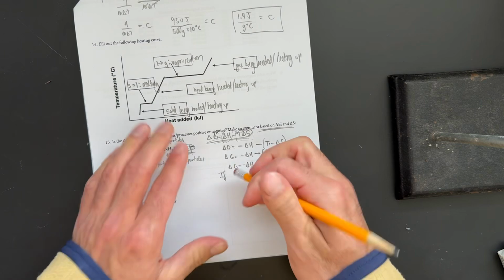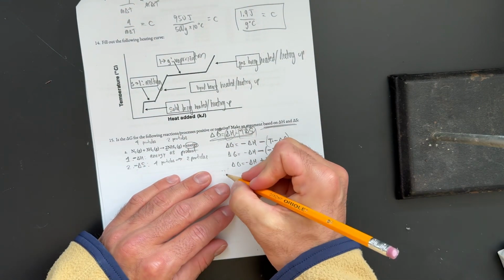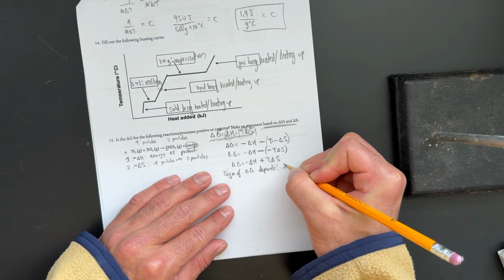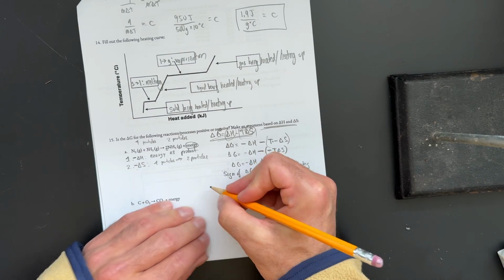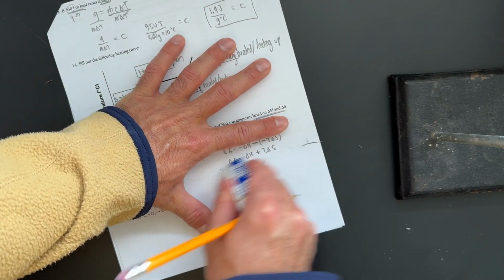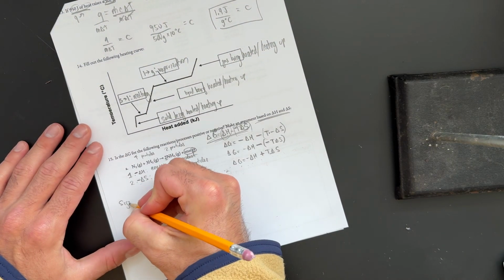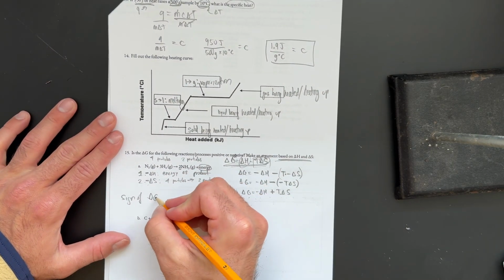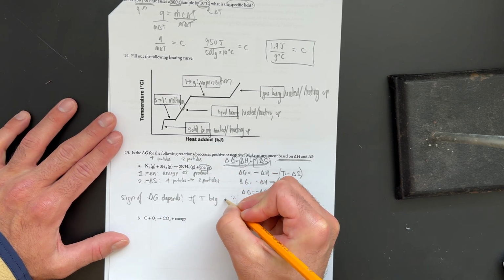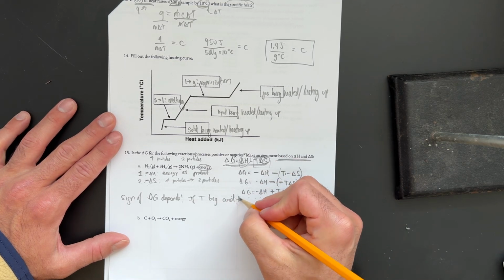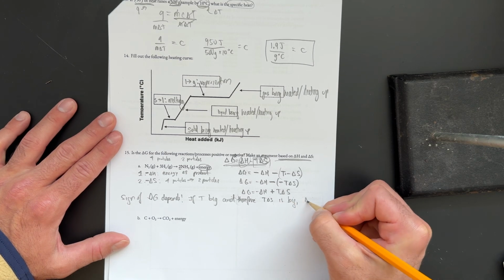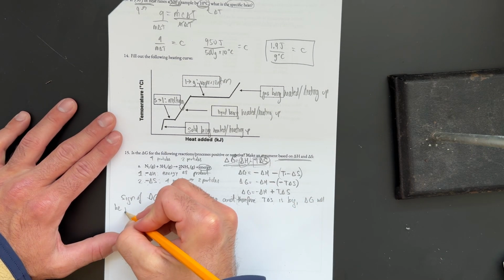I guess I should say, the sign of delta G depends. I should actually probably write this out over here because I don't have enough room. The sign of delta G depends. If T is big, and therefore T delta S is big, delta G will be positive.